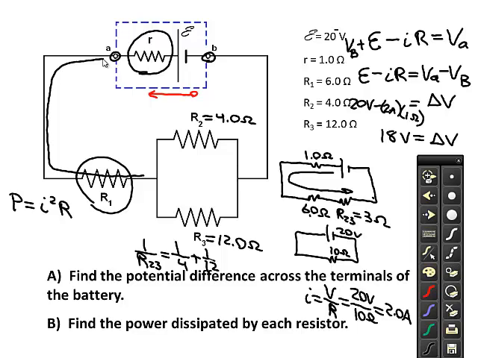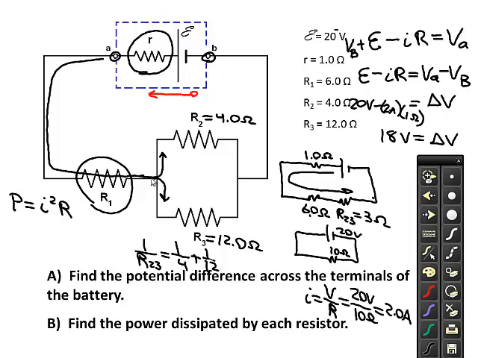Is that really obvious or not? Okay. What's a little different here, though, is that when we hit this junction, some is going to go that way, and some of it is going to go that way. So when we do an I squared R on those, we don't know I, because we don't know how much current is going through each branch.